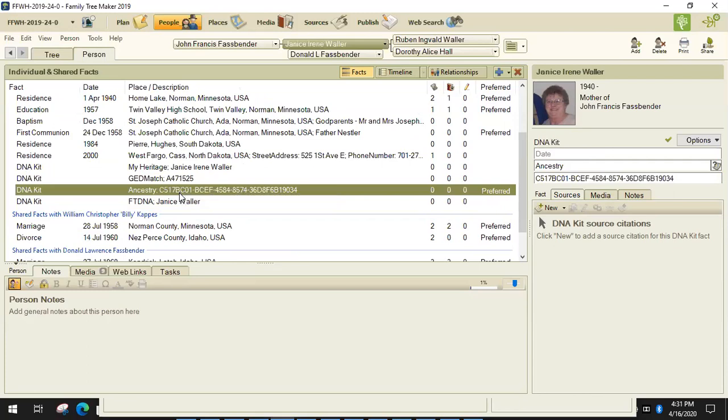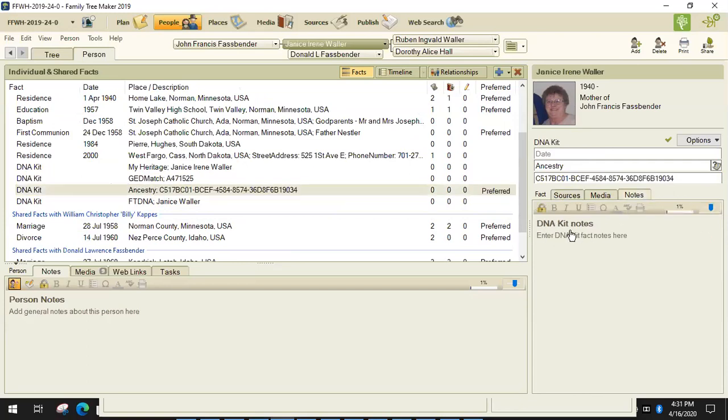Either that or you could put it as a fact note too. When I tried doing it as a note in Legacy, it wants to attach it to the kit number, so that won't work. But I can put the place back in. Yeah, so you can do it that way.